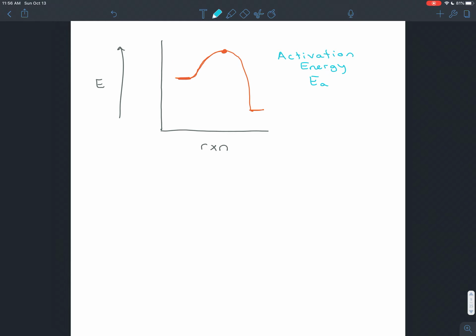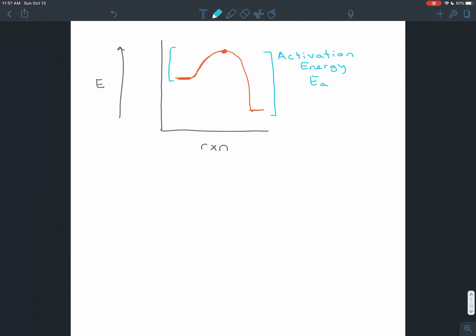Now, the activation energy gives you some information about the speed of a reaction. The smaller the activation energy, the more often you'll find a molecule in the universe that has that energy, and the more often that reaction will happen. So in this example, the forward reaction, which has an activation energy that's only that big, will happen faster than the reverse reaction, which has a much larger activation energy.